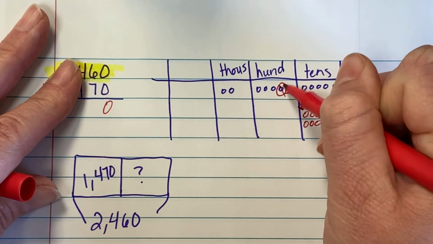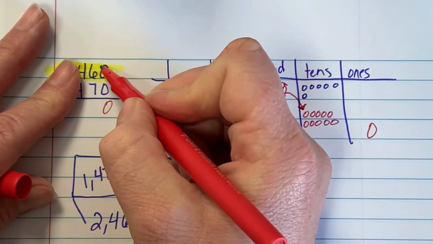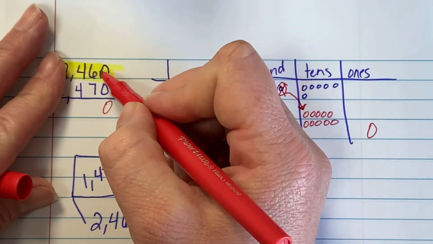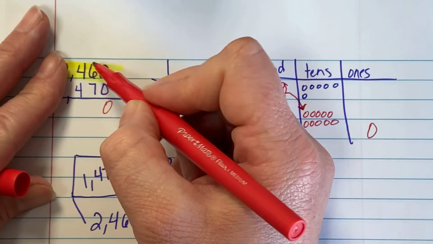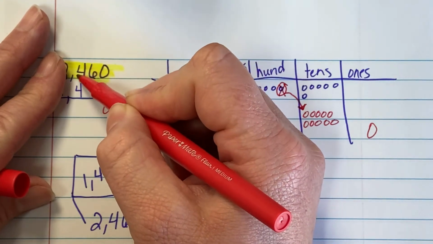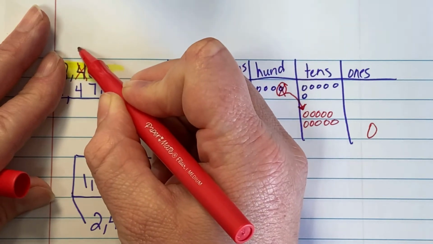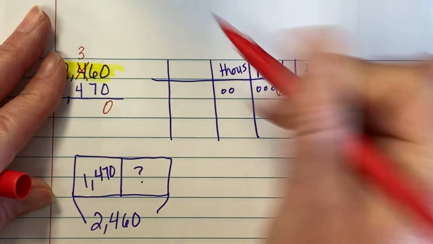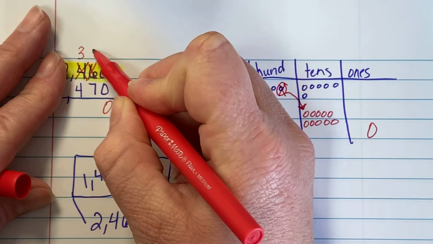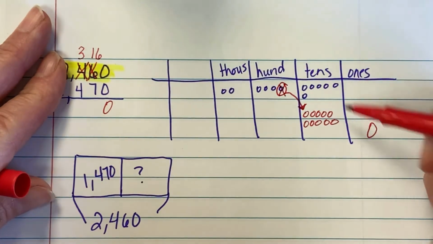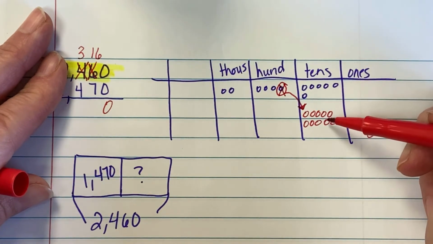So there's a 10 and that one's been moved. So over here, your parents, grandparents, aunts, uncles, older brothers and sisters even may say, well, just go next door and borrow. So that is now going to be 3, and our 6 is going to be 16. See how we have 16 there now?